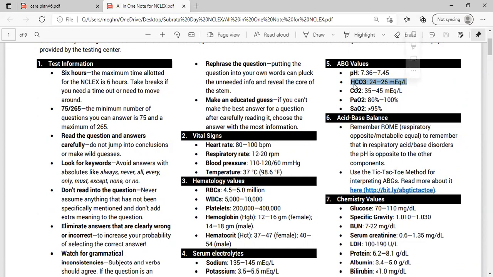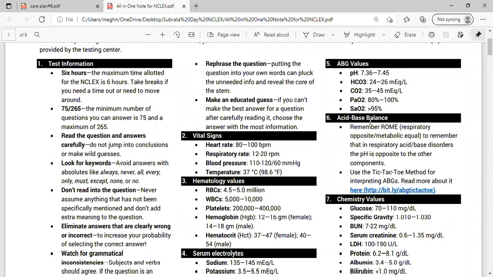Whereas carbon dioxide is 35 to 45, and partial pressure of oxygen is usually 80 to 100. Oxygen saturation is more than 95%. So carbon dioxide is an indicator of respiratory problems, either respiratory alkalosis or acidosis.